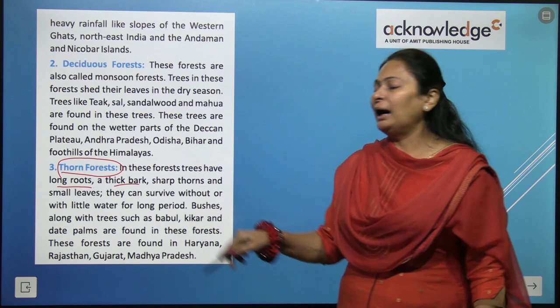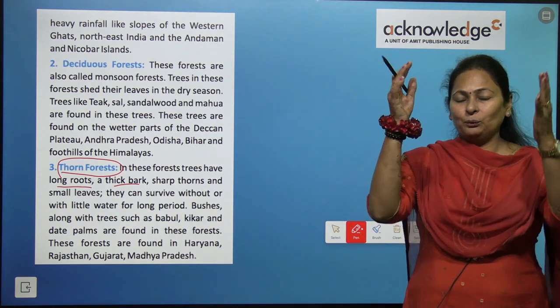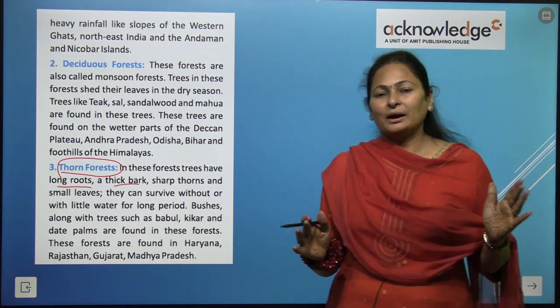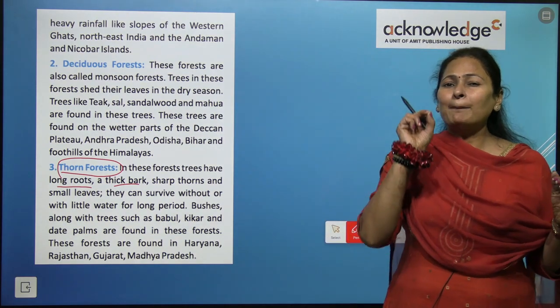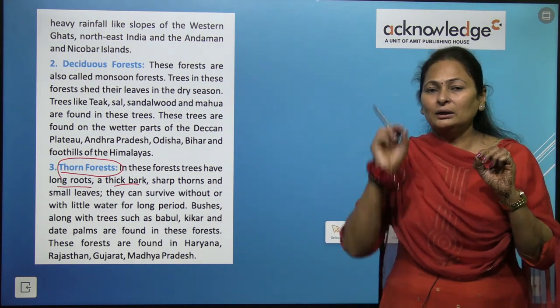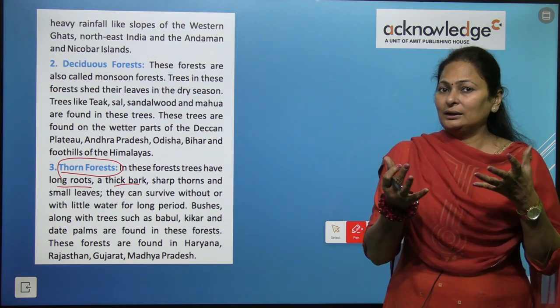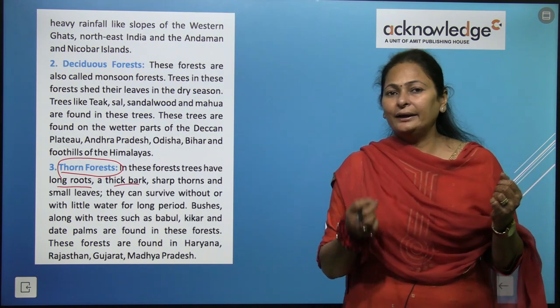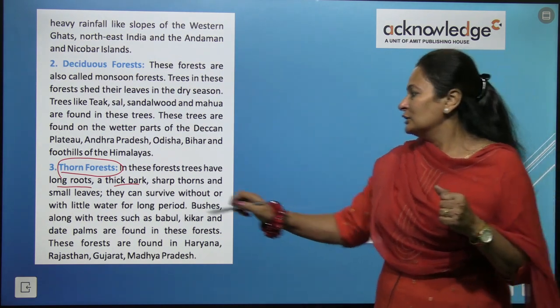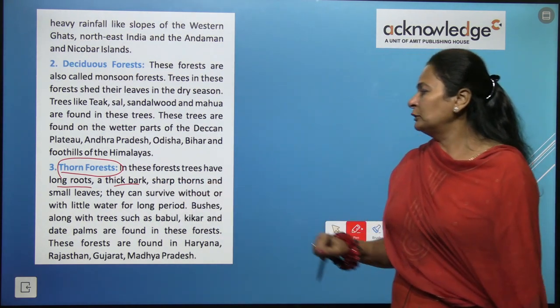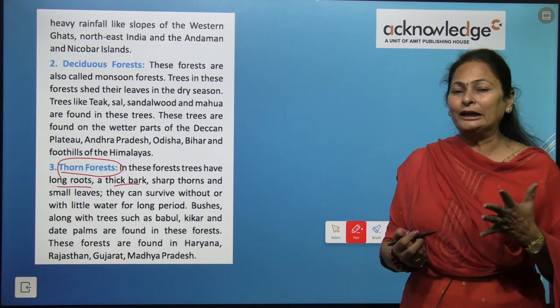A thick bark. Now, what is bark? You know the stem, right? In trees, it is called the trunk. So the upper layer, the brown skin of the trunk, you can say it is bark. It is brown in color. So a thick bark, sharp thorns and small leaves.